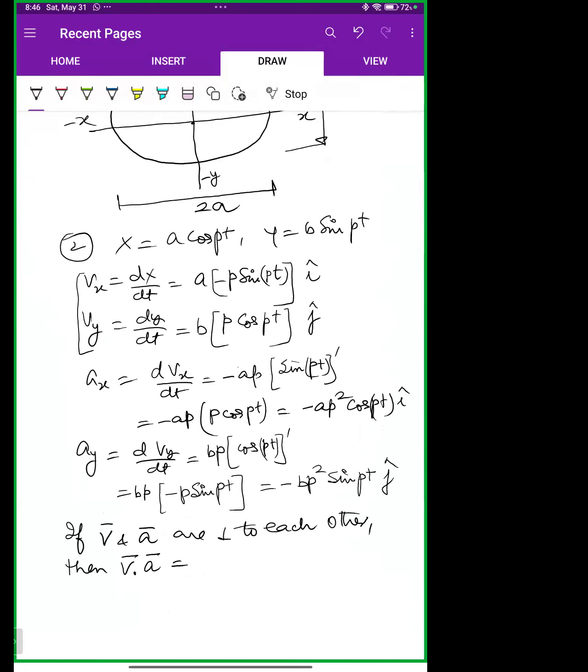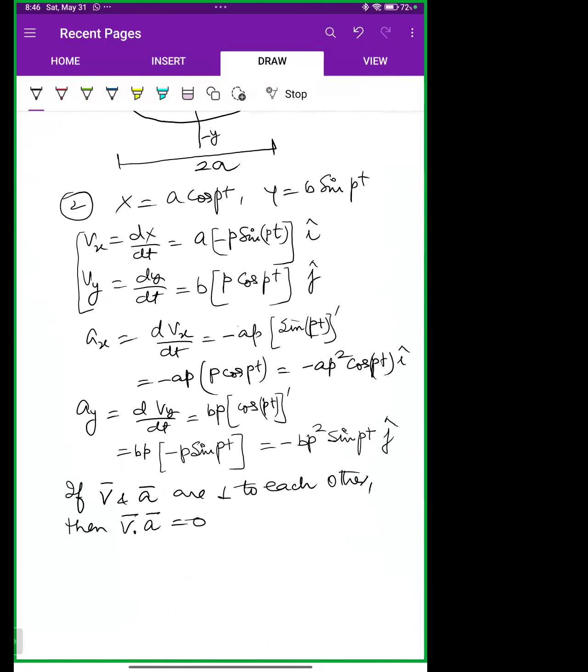V dot A should be 0. And we have got both of them. See V, that is Vx I cap. We will put the value later. Vx I cap plus Vy J cap dot Ax I cap plus Ay J cap, and that should be 0.